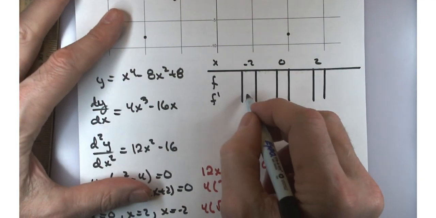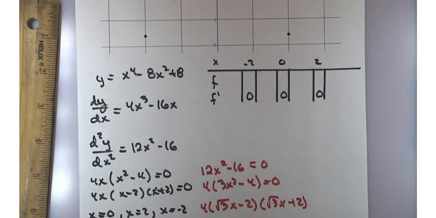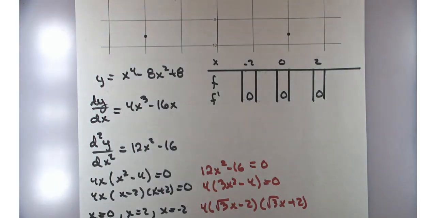Now the derivative itself is 0 at these points. We already know that. That's what we calculated. We need to determine the sign of the derivative in between these points. So we can test some points for that.